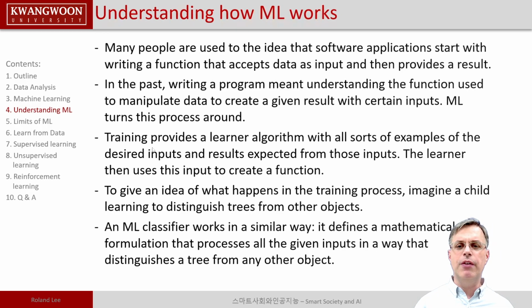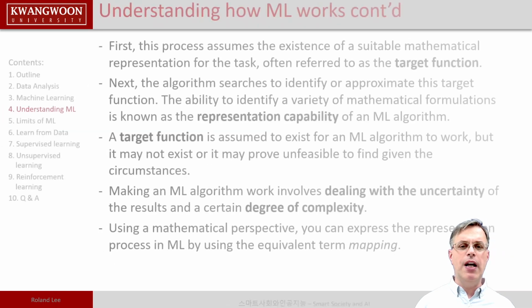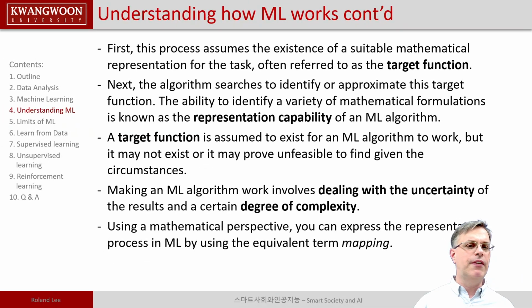Next, the algorithm searches to identify an approximate to this target. So we got the target function, and the ability to identify a variety of mathematical formulations is known as the representation capability of a machine learning, or ML, algorithm.